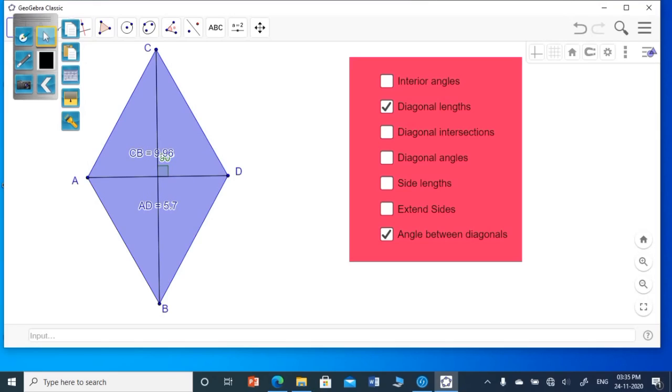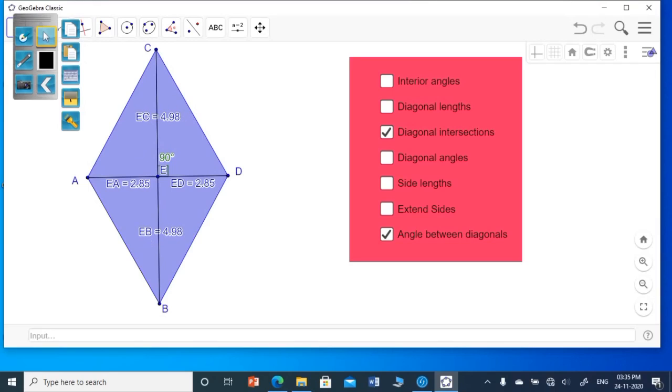And measure the length of diagonals. Look at the measure of diagonal AD and measure of diagonal CB. Are they equal? Here diagonal CB and diagonal AD are not equal. In rhombus, diagonals are not equal.